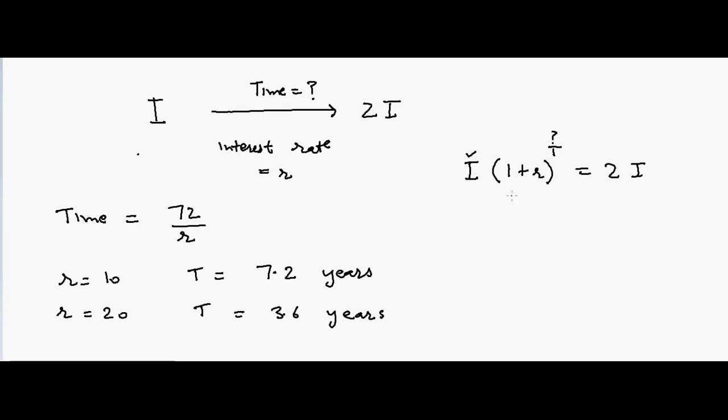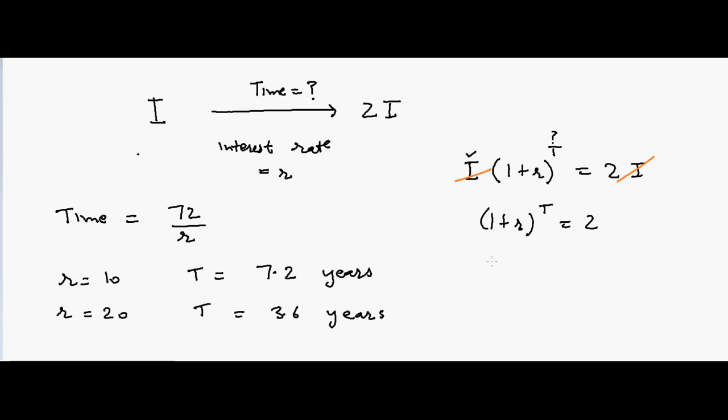So now if we solve this equation, I will be cancelled out by another I. So this will cancel out, and then we have (1 plus r) to the power t is equal to 2.